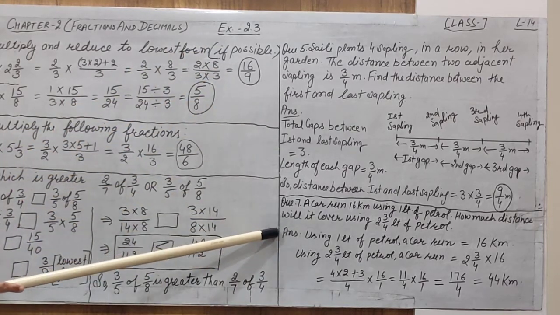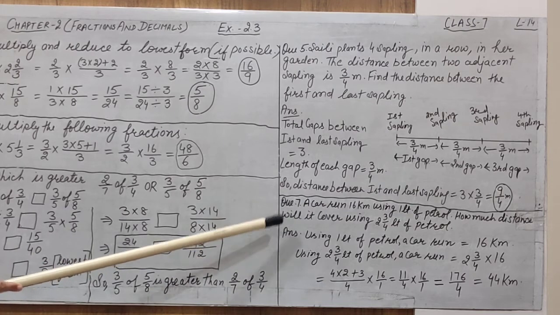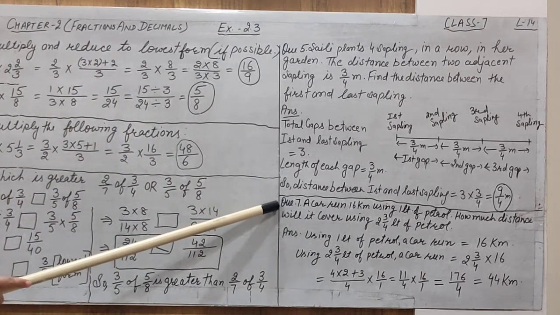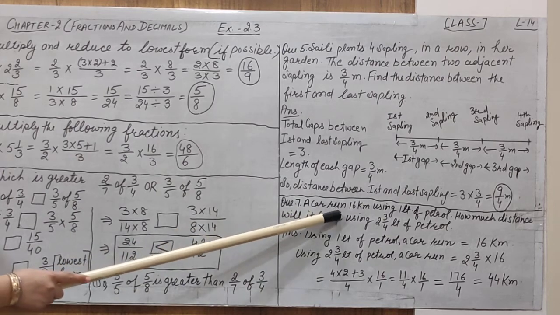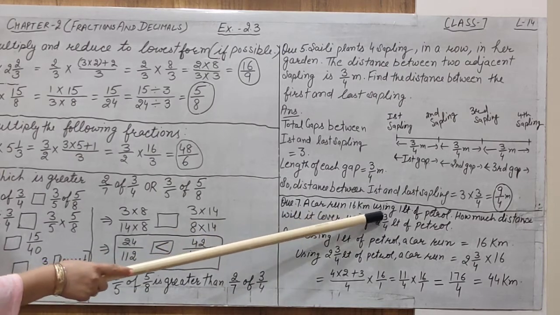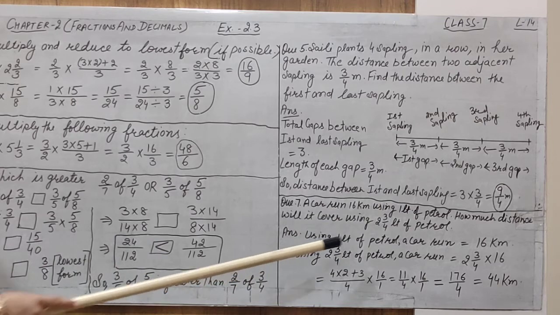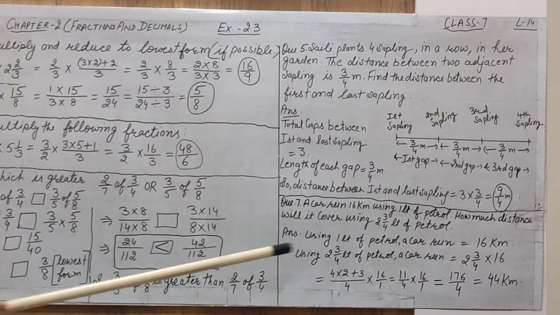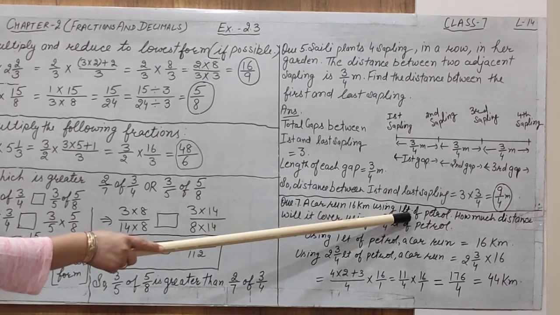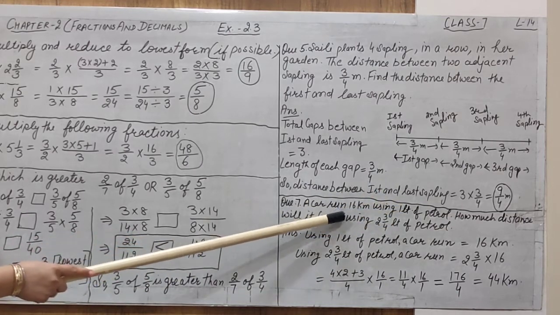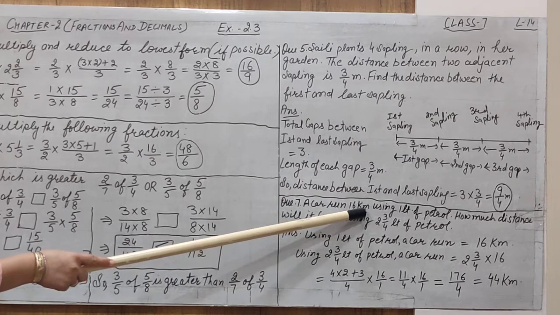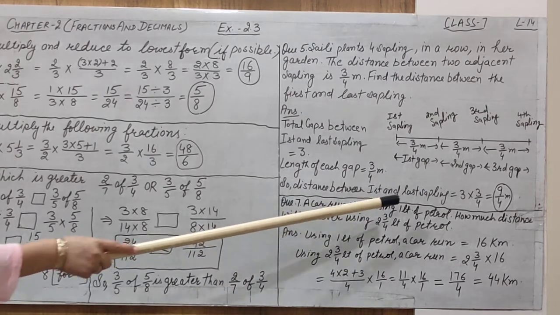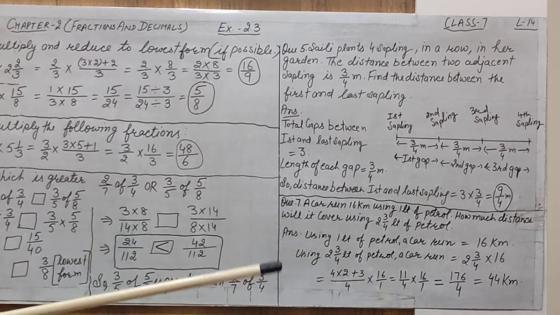Now let us understand one more question related to multiplication of fractions. The question is, a car runs 16 kilometers using 1 liter of petrol. What does it mean? Using 1 liter of petrol, how much did a car run? That is 16 kilometers. This is the distance given using 1 liter of petrol.